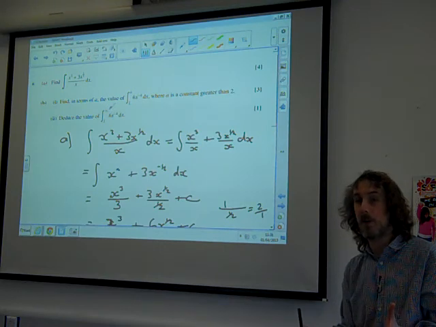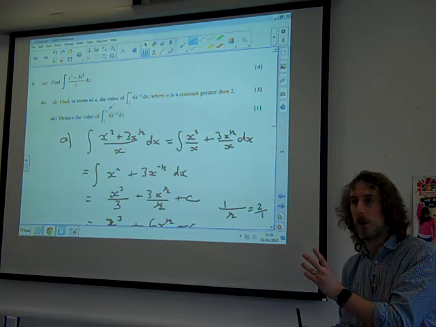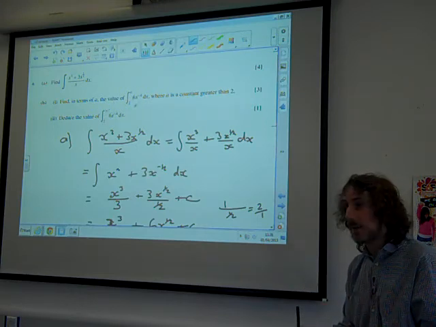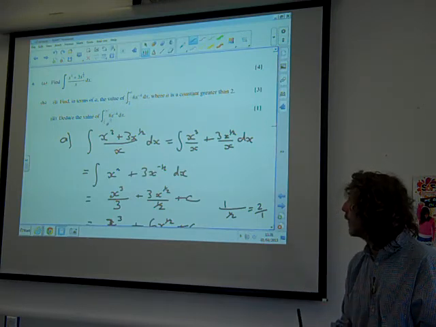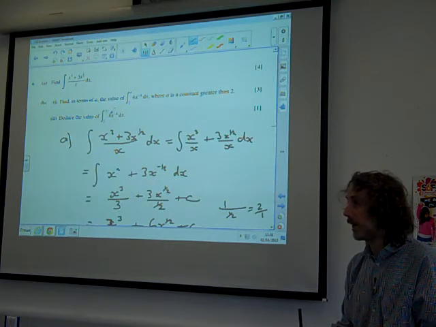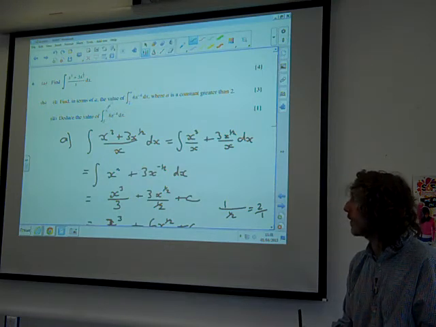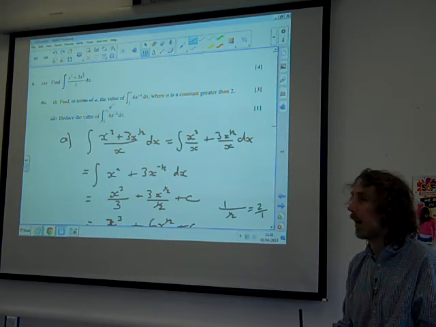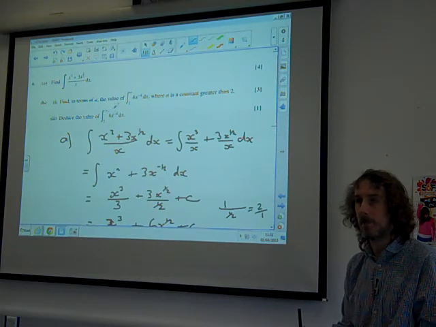Instead of infinity there, we write another letter. We often use k, but we can use any letter we like, maybe a. And that's exactly what they've done here. They've told us to solve this expression by working between 2 and a constant, 2 and a number, and then thinking about what happens as we approach infinity.